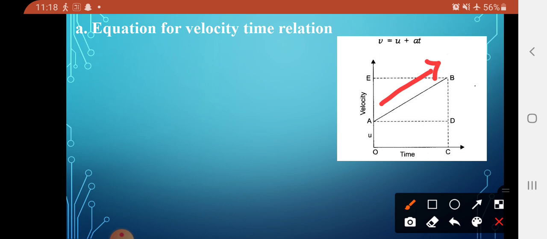Here we have joined the line from A to D. The dotted lines are not straight lines; they are imaginary lines, drawn only for deriving the equation, not permanent lines.